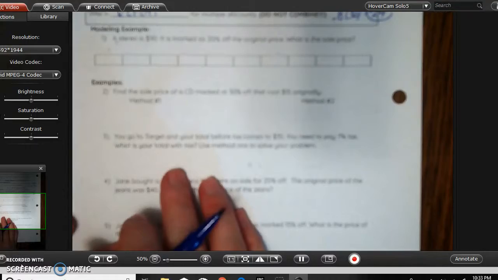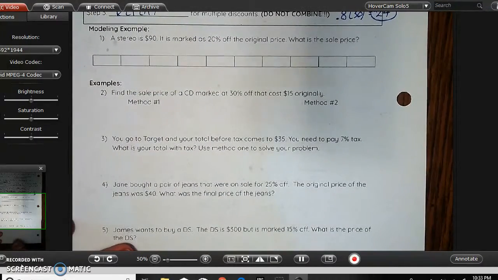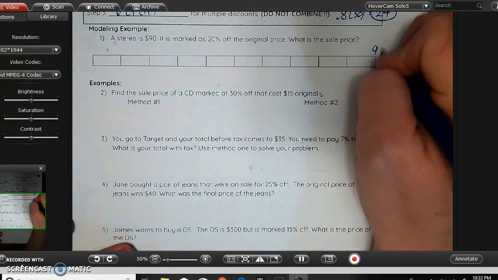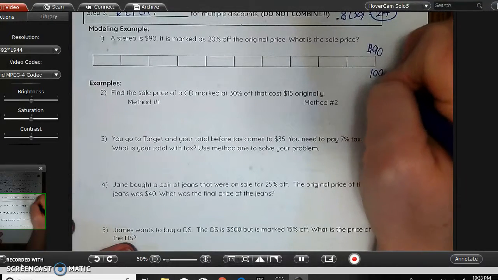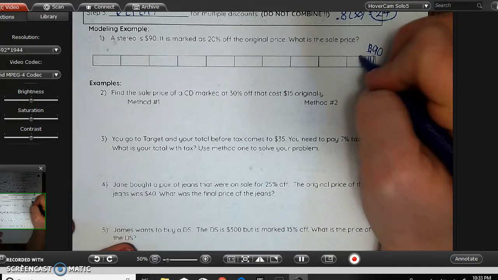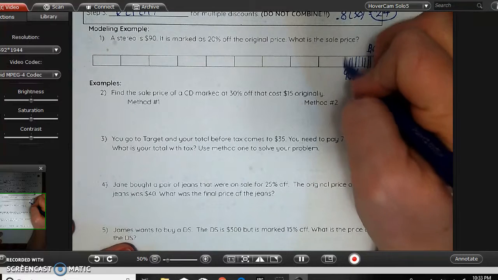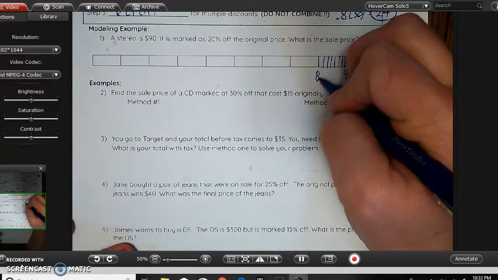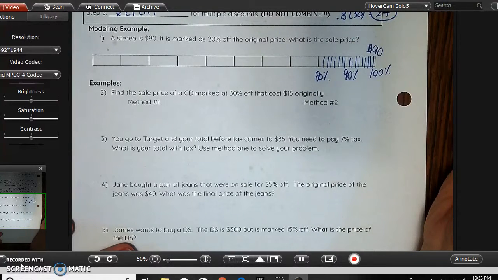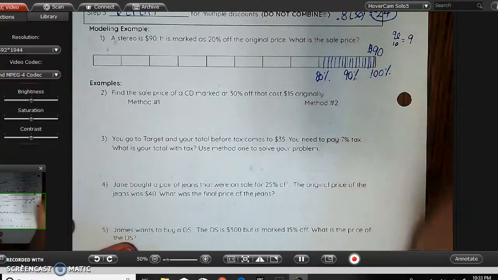So when I look at the bar model we talked about, it says a stereo is $90. It's been marked 20% off the original. So if it was $90 at 100%, and I take 20% off, one way we looked at this was we took off 10%, then we took off another 10% to get 80. We said 90 divided by 10 tells me that 10% is $9.